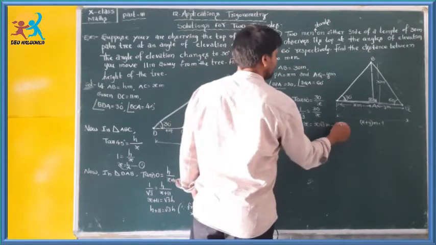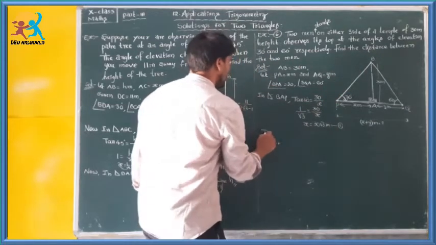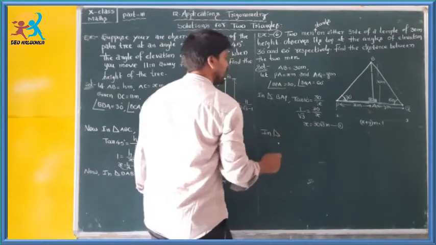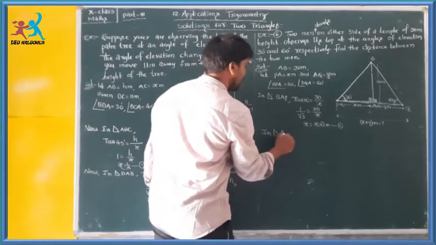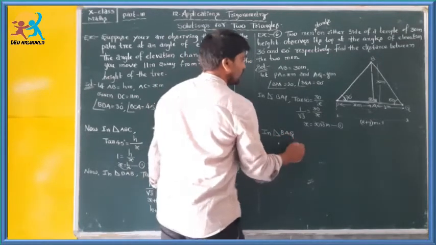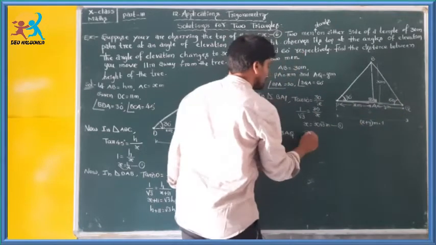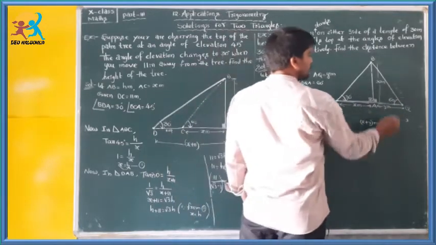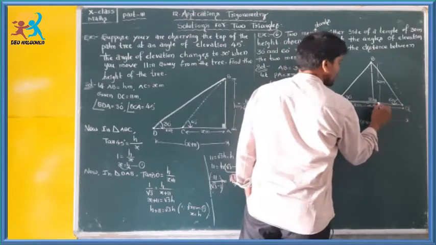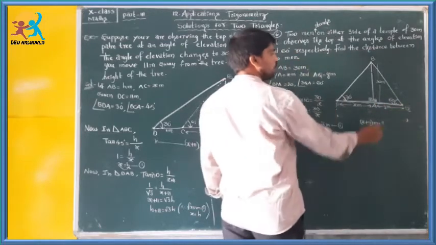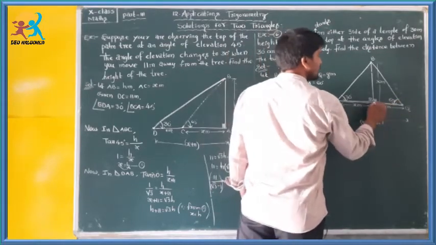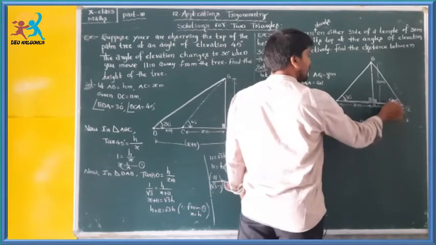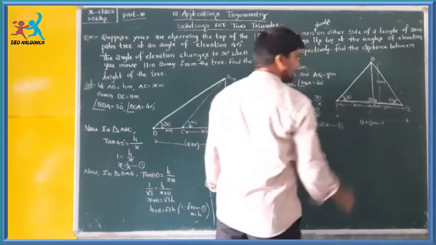Let it be equation 1. And in another right angle triangle BAQ, we have an angle of elevation 60 degrees, and we have to find the adjacent side of 60 degrees, that is AQ. The opposite side of 60 degrees is given as 30 meters.